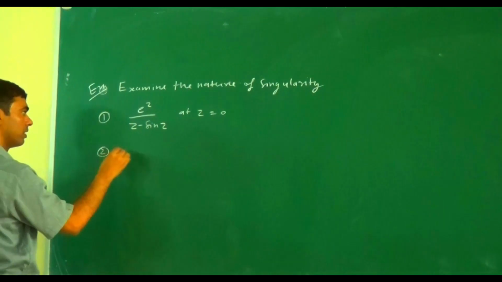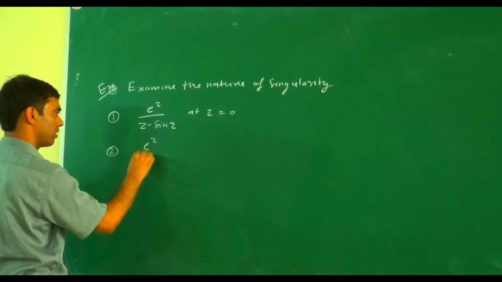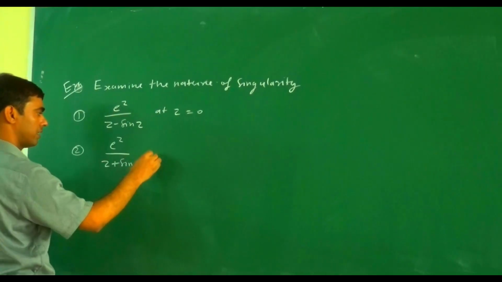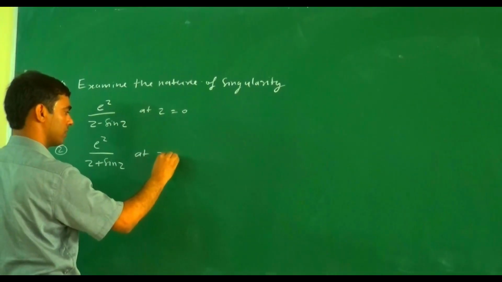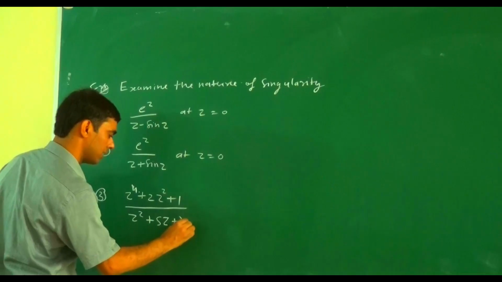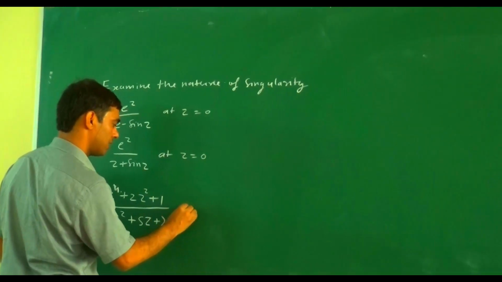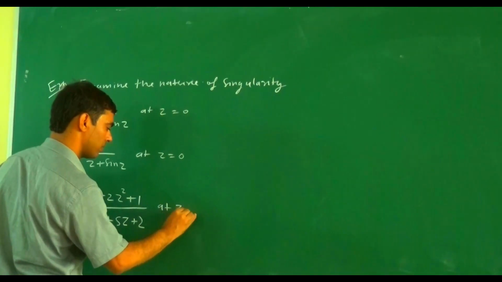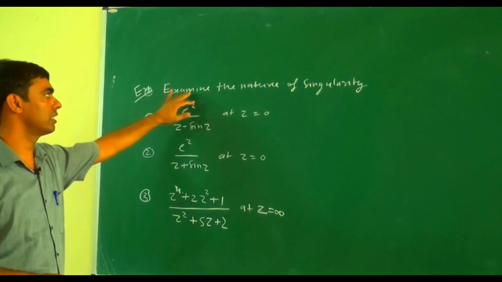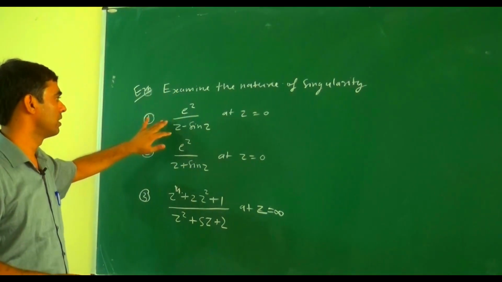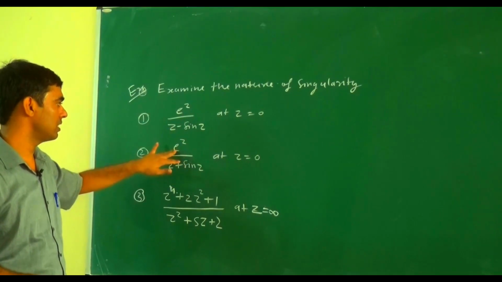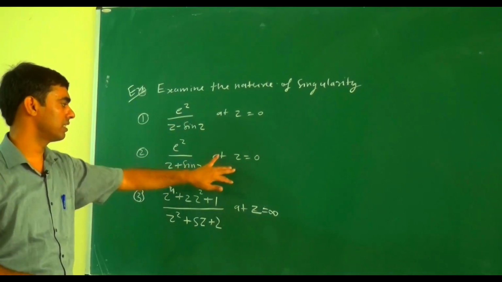The second one is e to power z upon z plus sin z at z equals 0. And the third one is at z equal infinity. The question is to examine the nature of the singularity at z equals 0 of these functions, e to power z upon z minus sin z and e to power z upon z plus sin z.